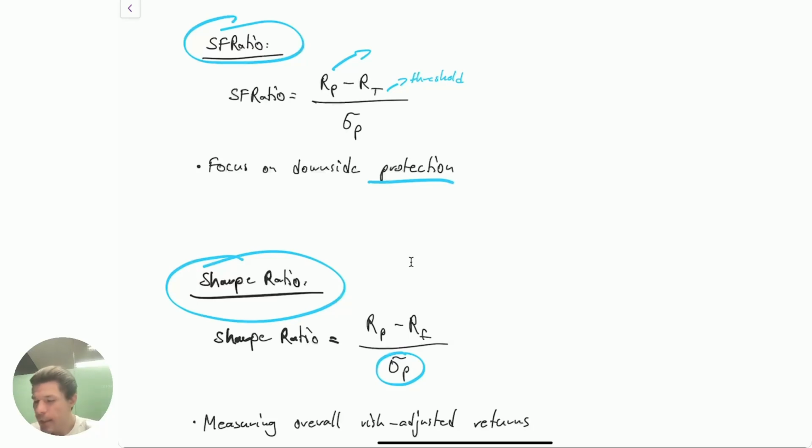If we start with the SF ratio, let's assume our portfolio return is 10%, and our minimum required return, which is set by us as our threshold, is 5%. And let's say our portfolio standard deviation is 8%. This is the volatility, the risk.